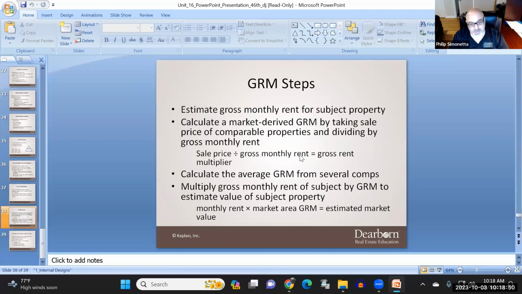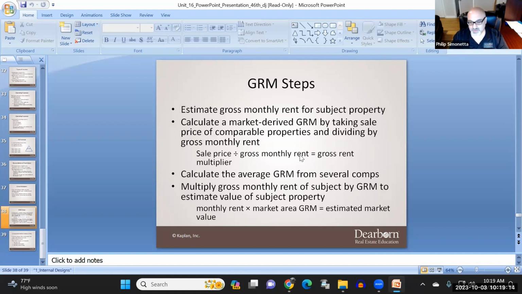Okay. So if you have the sale price of a house, you can write this down as I'm talking to you. Let's say you have sale prices of houses: one is 300,000, one is 325,000, and one is 275,000. Let's say the rent for the property we're looking at is 1,900 a month.